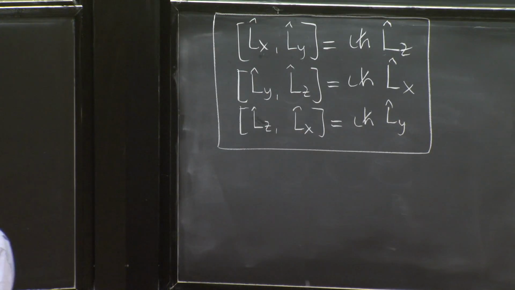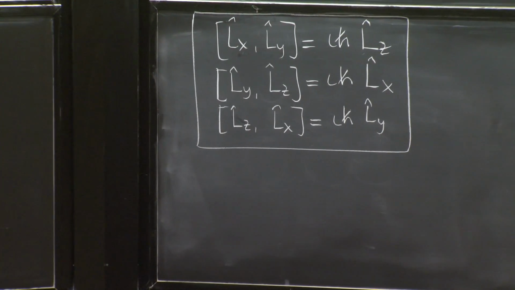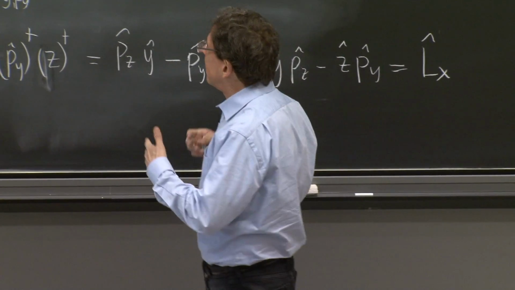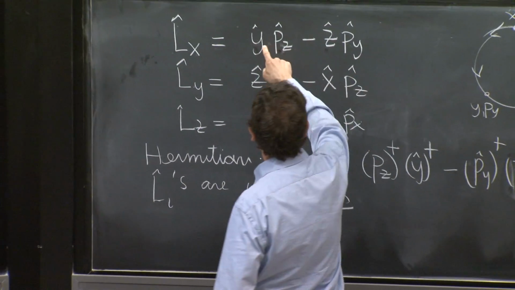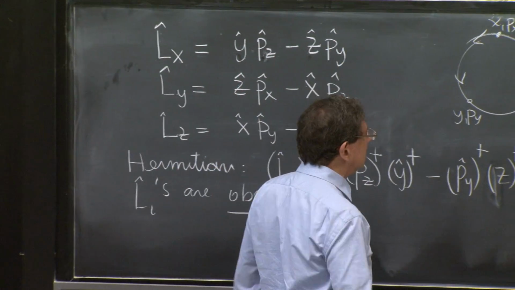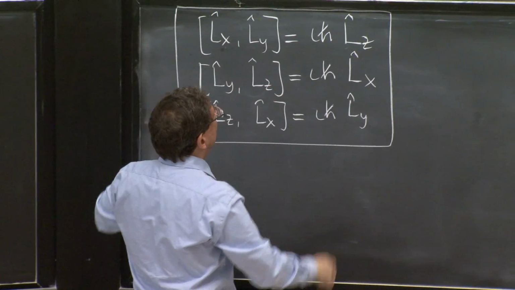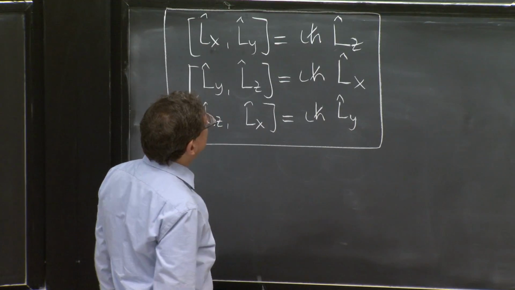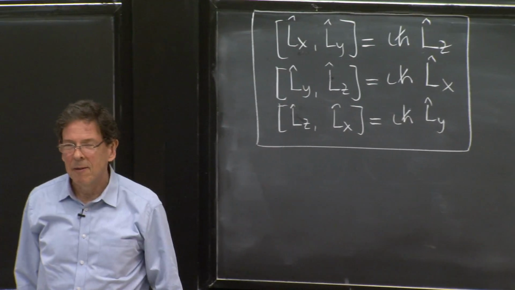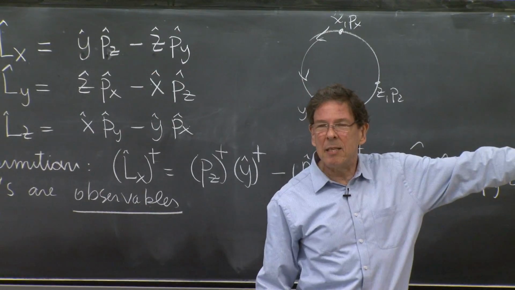It is one of those cases when you start with something very concrete, and you suddenly discover a structure that is rather universal. Because we started with a very concrete representation of L's in terms of X's, P's, and all these things, but then they form a consistent unit by themselves. So sometimes there will be operators that satisfy these relations, and they don't come from X's and P's, but still they satisfy that.